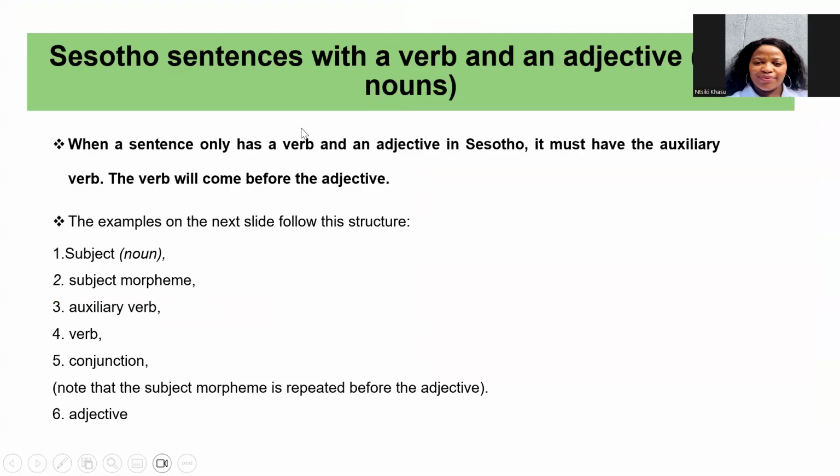Here are the examples. Now note the sentence structure. When a sentence has both a verb and an adjective in Sesotho, it must also have the auxiliary verb. So look at the structure you are seeing.